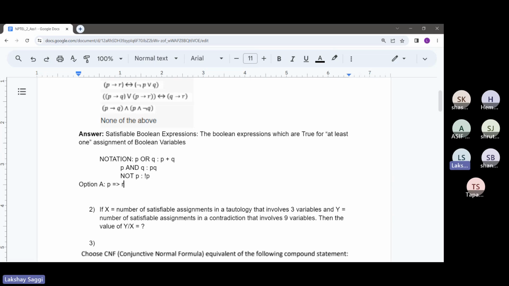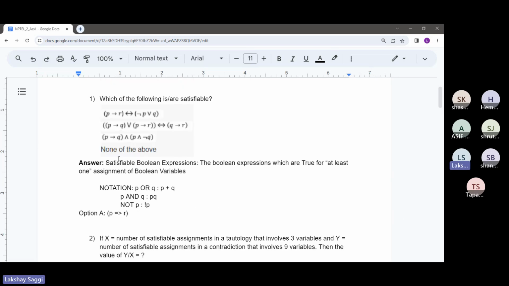So let's just come here. So option A here. We have to check whether these expressions are satisfiable or not.